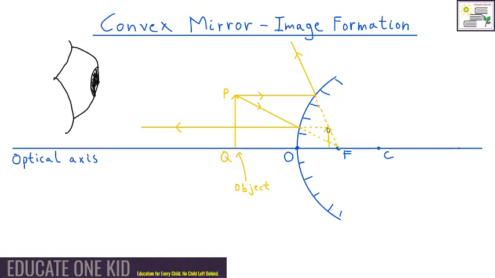So you see I've drawn another arrow, and the top of the image arrow, let's call that P dash, and the bottom of the image arrow, let's call that Q dash. Okay, so this is where the image forms.